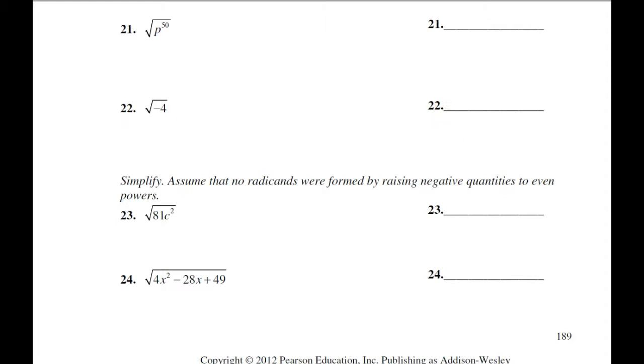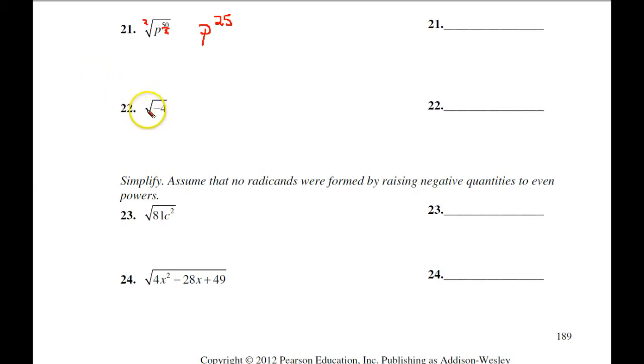Now, for this one, again, there's a 2 there. So if we divide that by 2, we get p to the 25th. And we're not using absolute signs there.